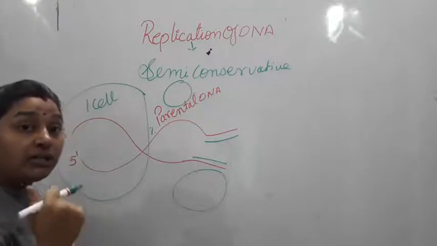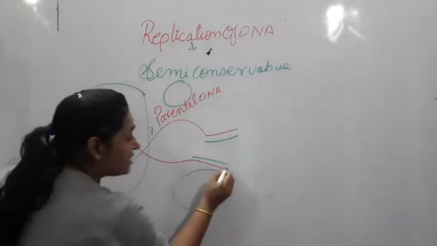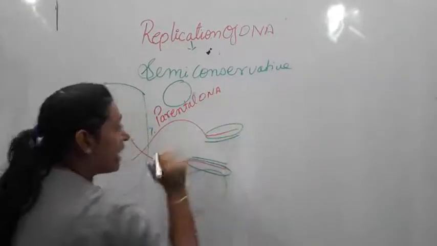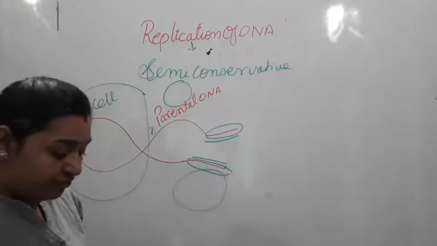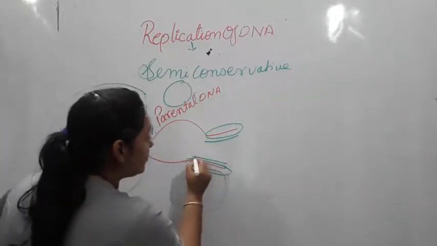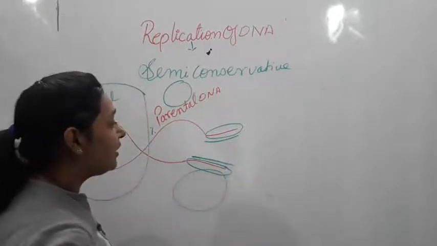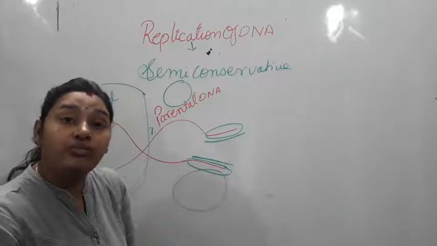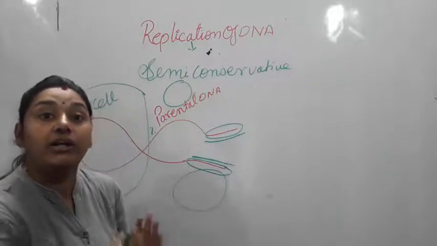Only the thing is that this parental one, which is over here, is going to have its own genetic features, whereas this synthesized strand, which is over here, is something new. This is going to have something new, some new characteristic added to it.